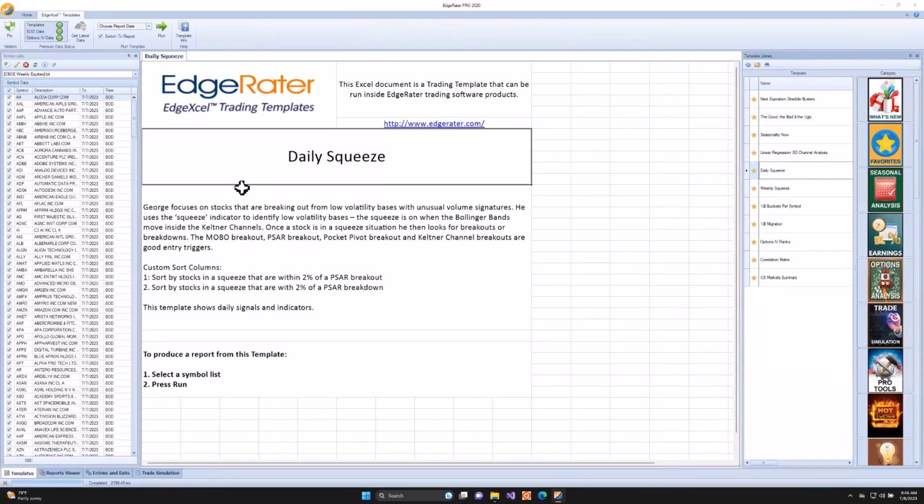He also looks for when the squeeze is on. So when the Bollinger Bands are inside the Keltner channels, once you're in that squeeze, he then looks for breakouts or breakdowns. The types of breakouts that he looked for were MOBO breakouts, PSAR breakouts, pocket pivot breakouts, and Keltner channel breakouts. Okay, so I'm just going to run this on, again, this list of CBOE weeklies.